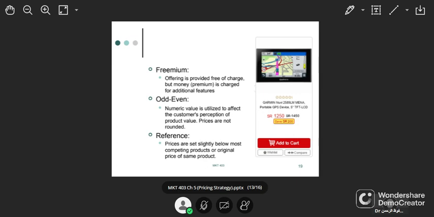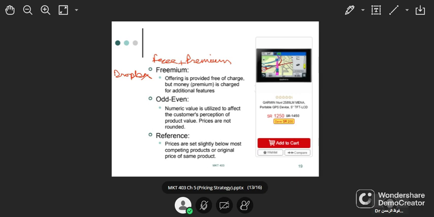So we have three more. Freemium. Freemium is a combination of free and premium. Dropbox: you download, you can use it for free.